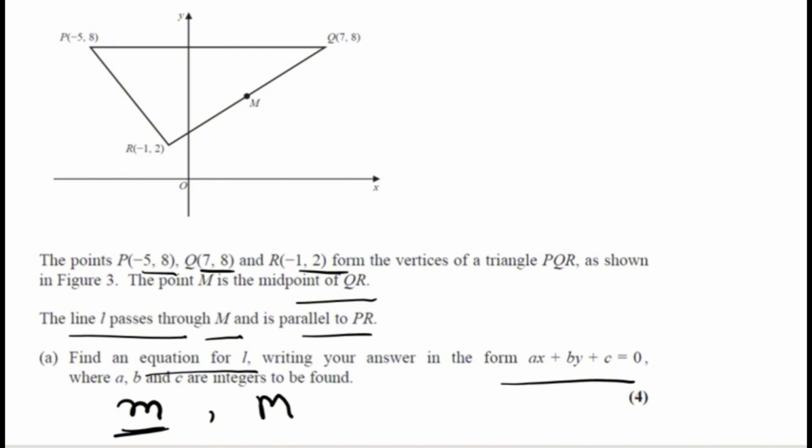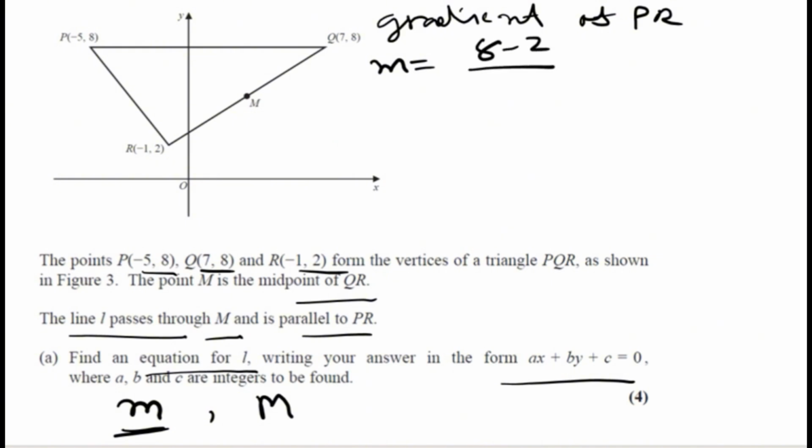So first let's work out the gradient of PR. So gradient is equal to y2 minus y1 over x2 minus x1. That will give us minus 3/2.